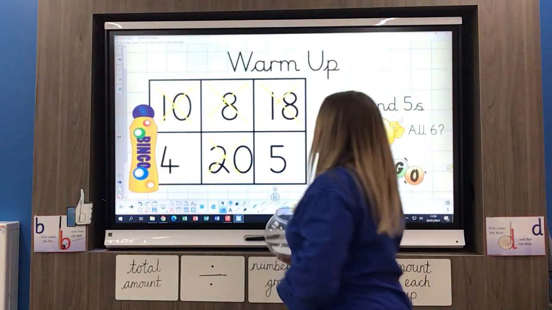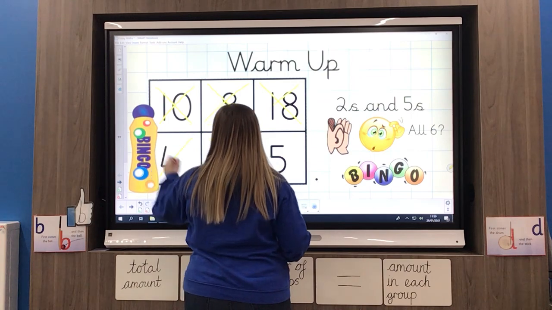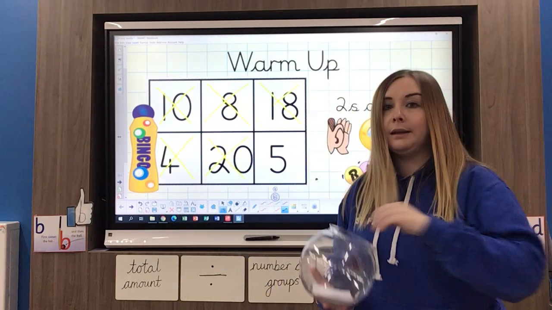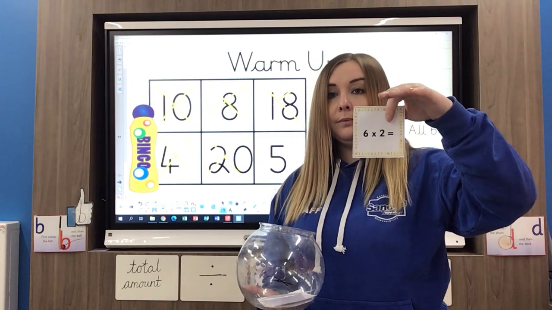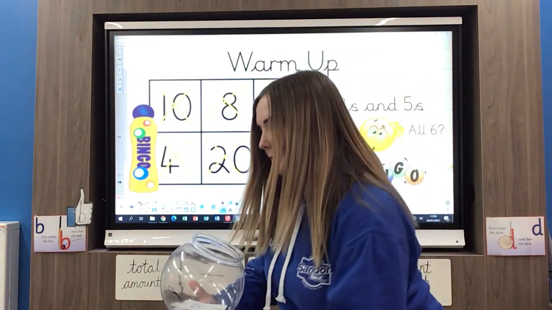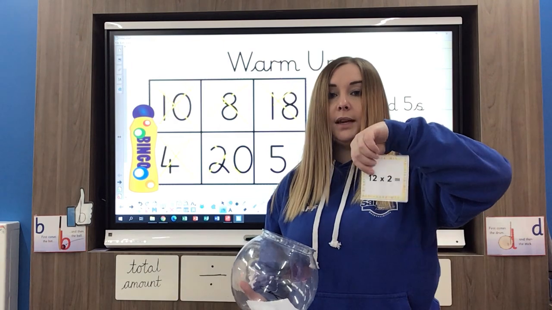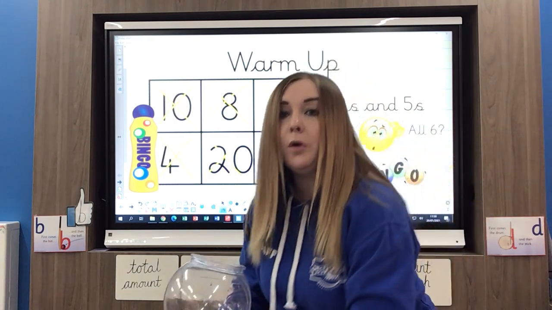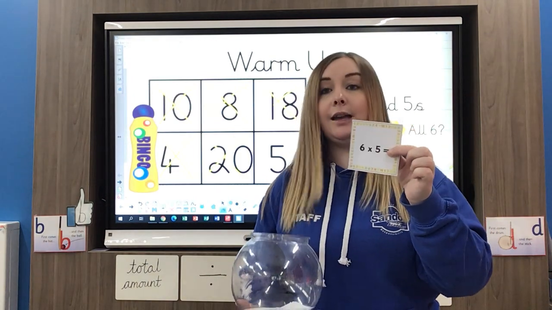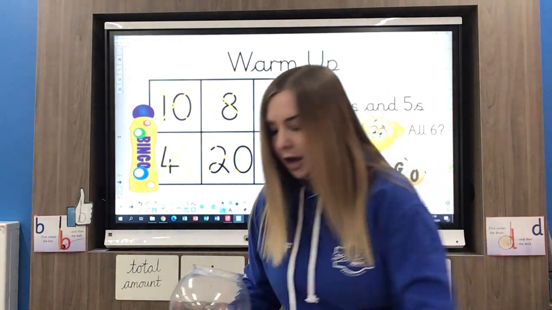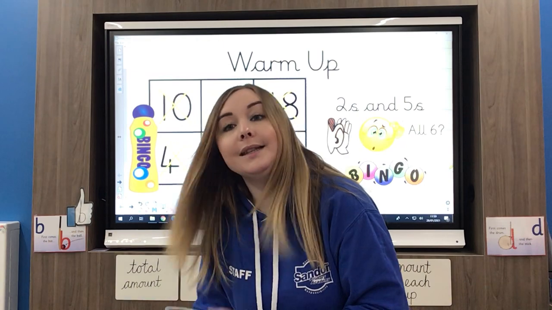I've also got that one. One more, Year 4. Has anyone else got bingo before me? 6 times 2. 12 times 2. Going to do one more. And 6 times 5. Don't forget to let me know if you won at bingo.